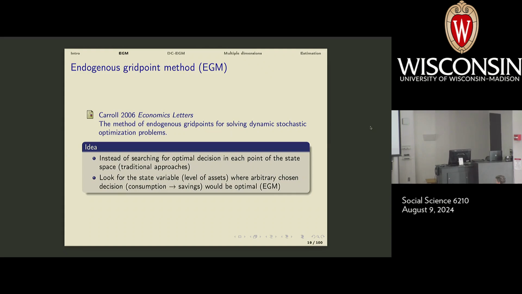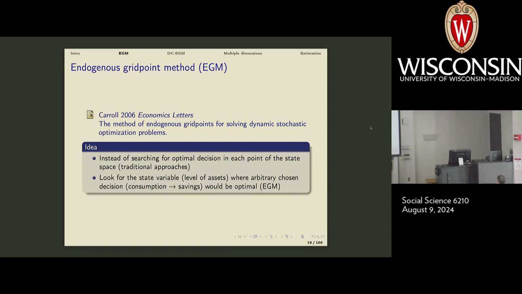Instead of searching for the optimal decision in each point of the state space, that's what we've been doing so far, okay? We will be looking for the state space variable, for the value of the state space, level of assets, where an arbitrary chosen decision would be optimal. So it's like turning the problem on its head. So I'm going to say, OK, imagine that I'm going to consume this much. How rich would I have to be for this level of consumption to be optimal?